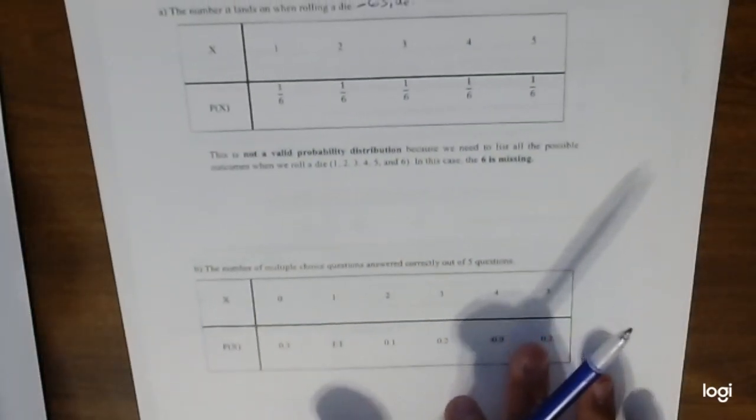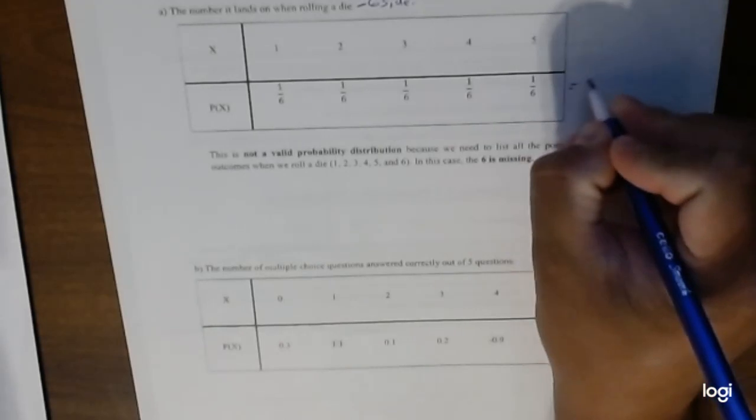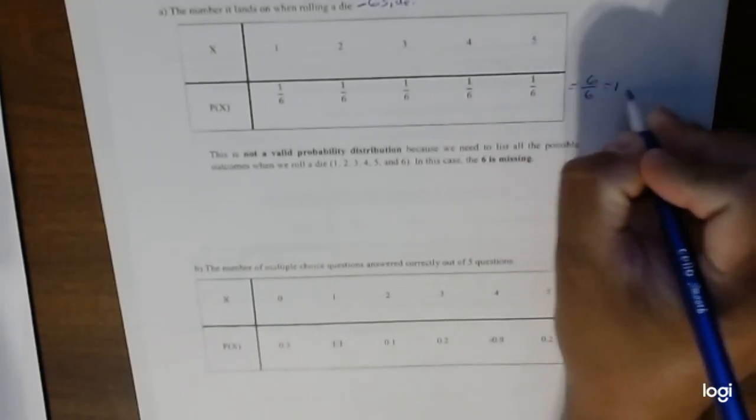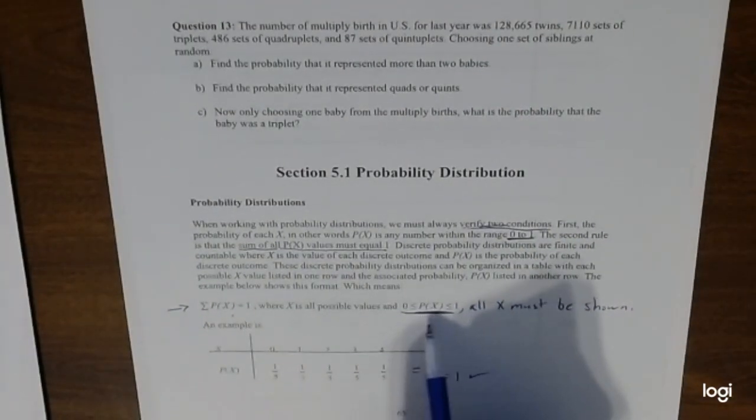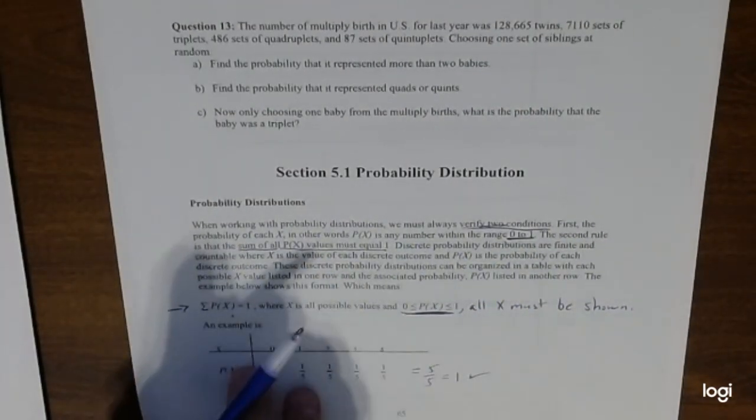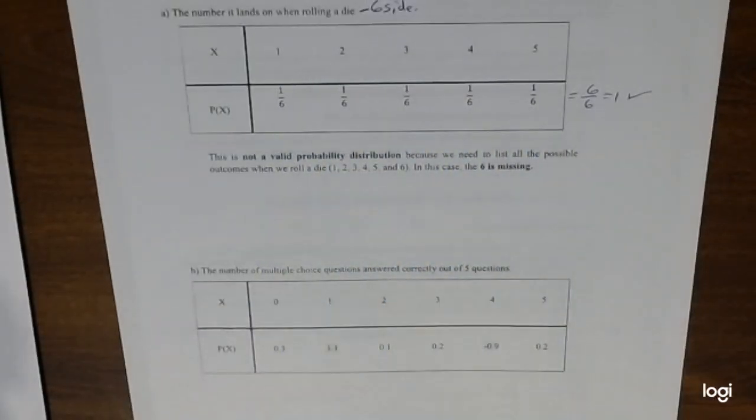If I add all of these up, do I get 1? We should, right? This should give you 6 over 6, so that's equal to 1. So check, the first condition holds. Second condition: is every probability between 0 and 1? It seems so as well. They're all 1/6, so it's between 0 and 1.